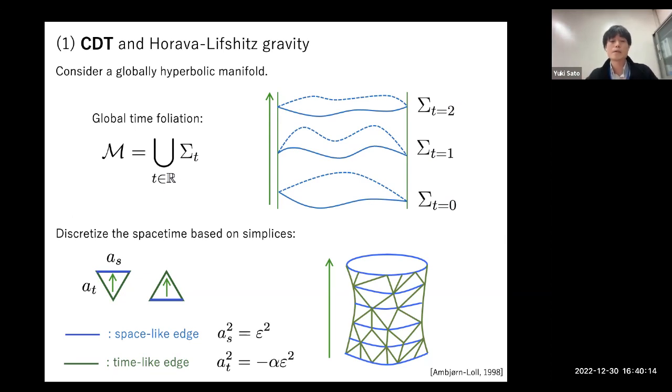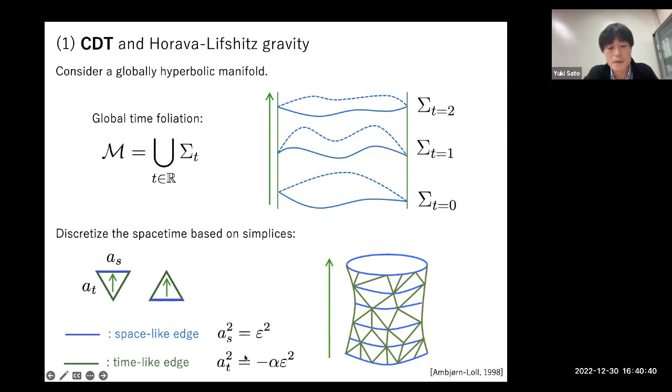Okay? And CDT discretizes such a foliated space-time based on special kinds of Lorentzian triangles, like these pictures. The green and blue lines are time-like and space-like edges. This is because if you take the square of the lattice spacing for the space-like edge, you have a positive value.